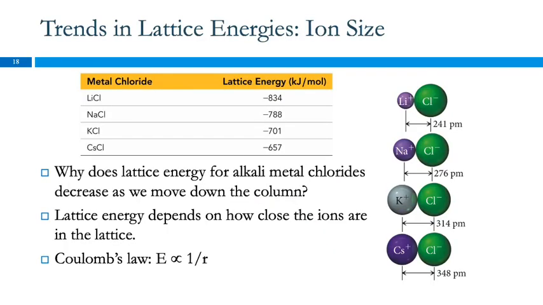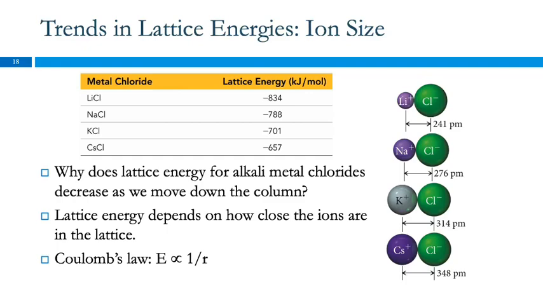So now that we know kind of what lattice energy is, there's trends in lattice energies. So here we're going to look at metal chlorides. And when we compare things, we want to be careful what we're comparing, because when you have a bunch of things changing, you can't tell what is really having the effect.